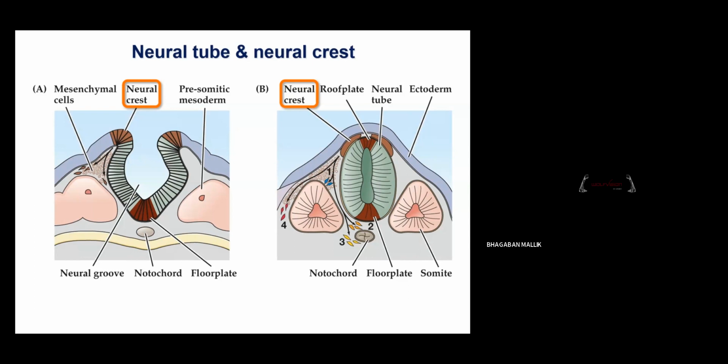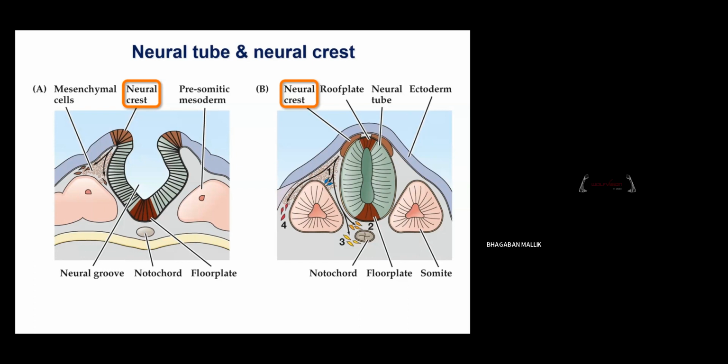So you have initiation of the floor plate, then initiation of the roof plate, and the generation of the neural crest. Okay. Now this structure, the presomitic mesoderm, becomes somites, and this is also a mesodermally derived structure. Okay. So then you have generation of the roof plate.